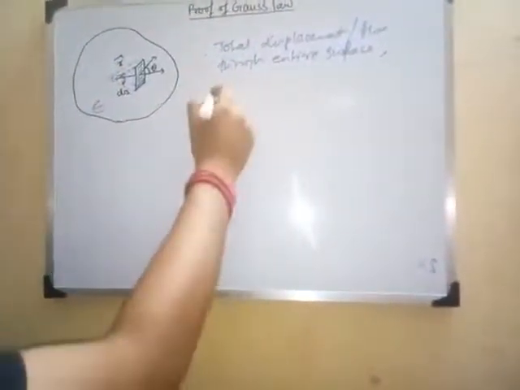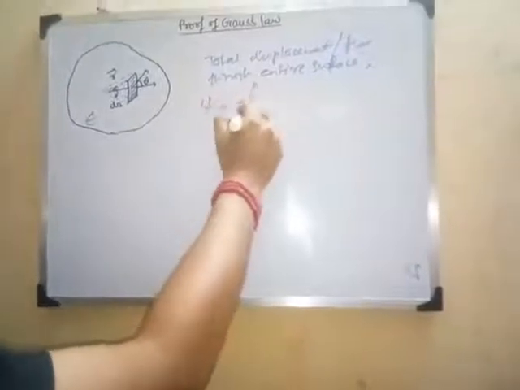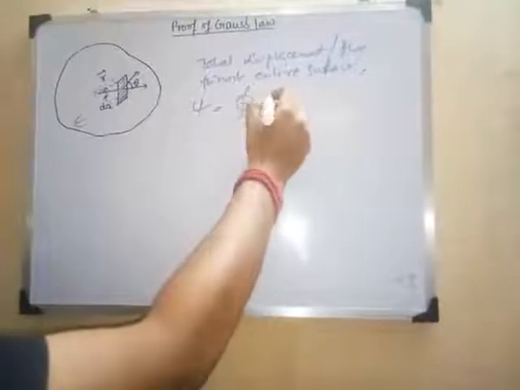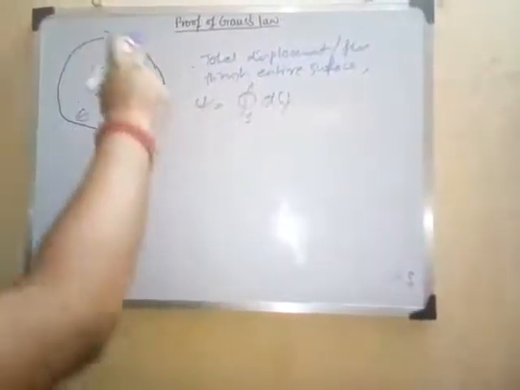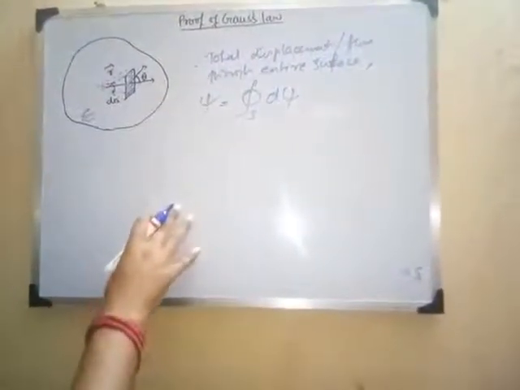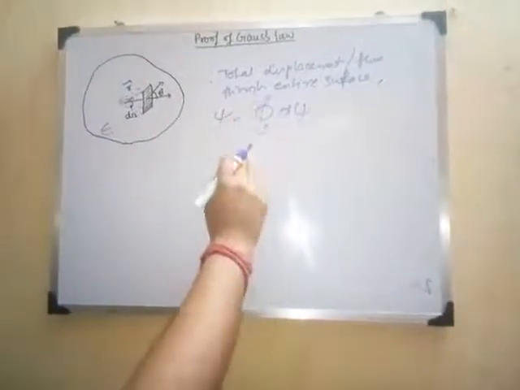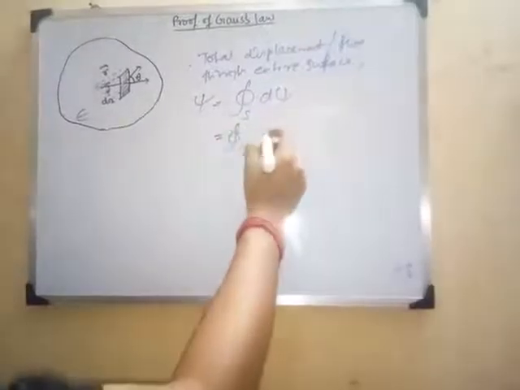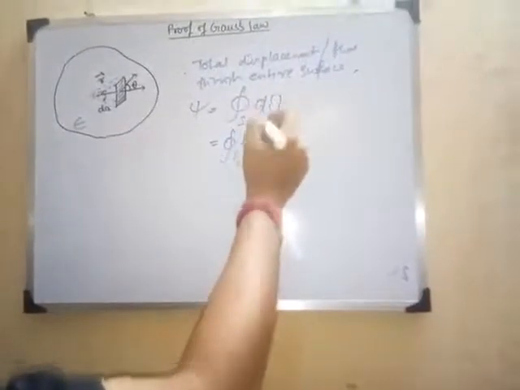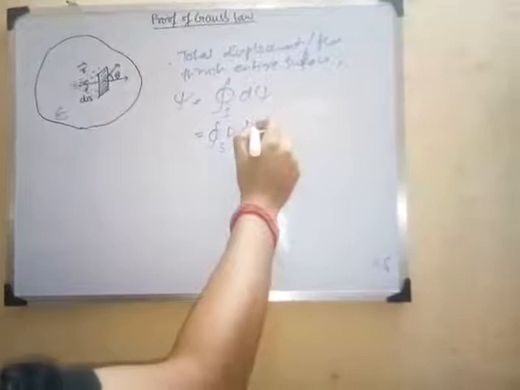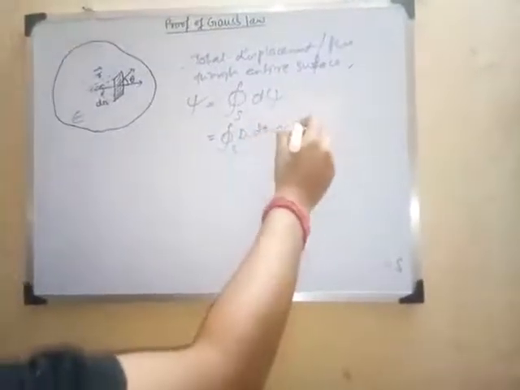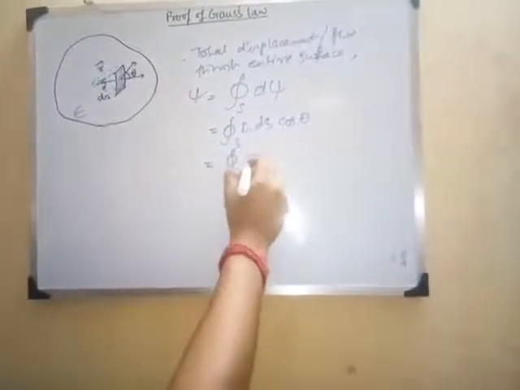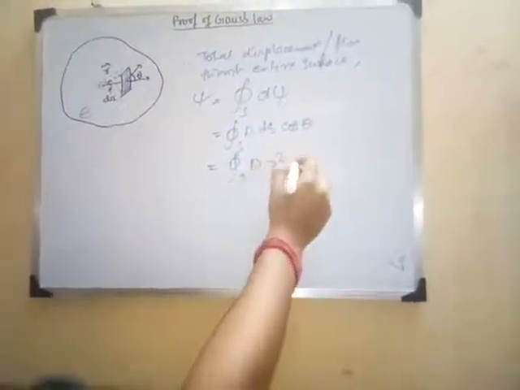So we will simply use this term, psi of this closed surface, so dψ over the closed surface. Why? Because this is a closed surface, a 3D sphere kind of thing. So this equals the closed surface integral of dψ, which equals the closed surface integral of D·dS cos theta. From here we can write the closed surface integral of D times r squared d omega.